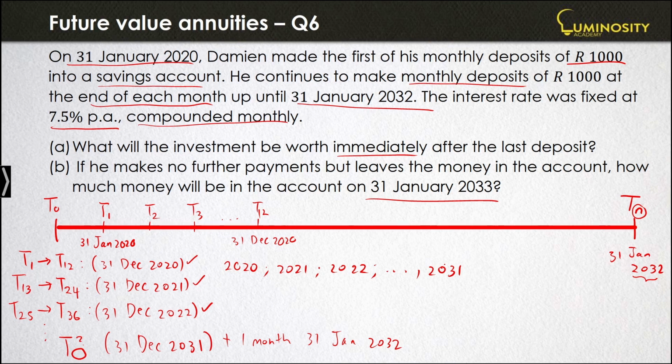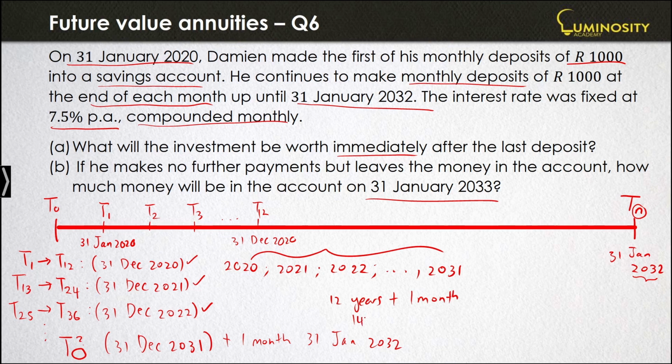So 2020, I'll count on my first finger, and I'm going to go all the way till I reach 2031. So 2020, 2021, 2022, 23, 24, 25, 26, 27, 28, 29, 30, 31. Okay, so I count 12. So 12 years in that period, plus 1 month for the 31st of January 2032.